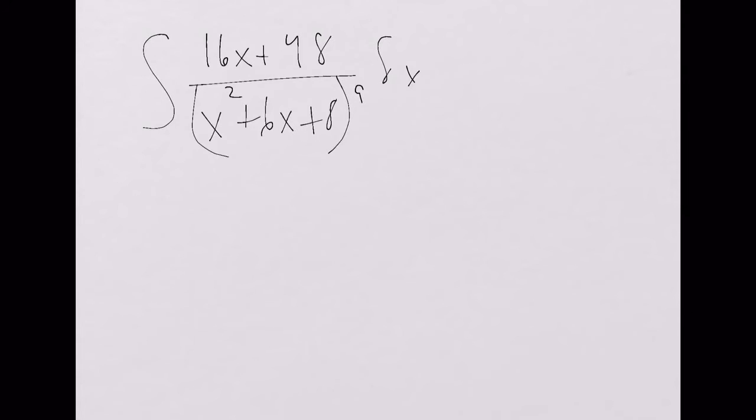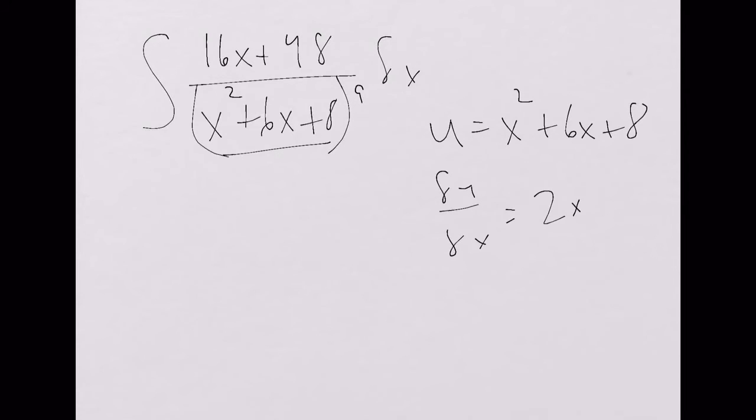And so a lot of times the thing that's in the parentheses is the thing that's going to be your u. It's not always, but a lot of the times. So x squared plus 6x plus 8, and the derivative of that with respect to x is 2x plus 6. So I really don't have a 2x plus 6, right? I have a 16x plus 48.